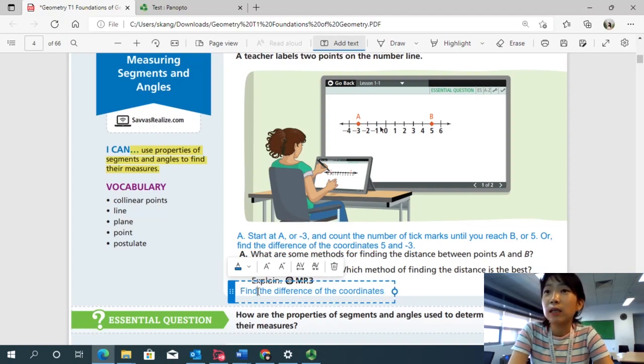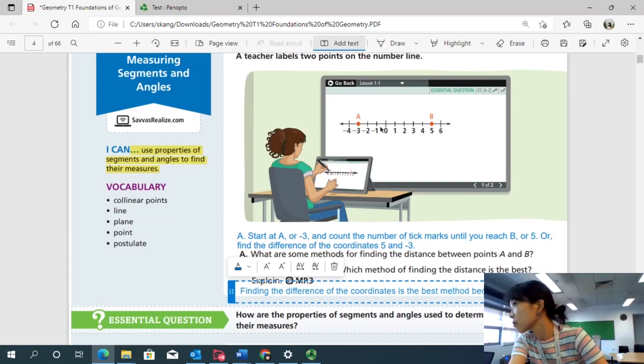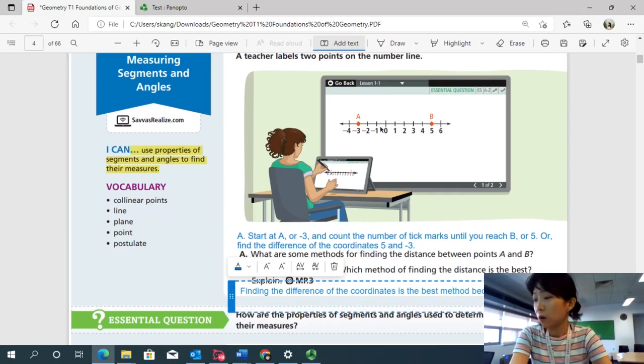And let's say finding the difference of the coordinates is the best method because it will always work, no matter what kind of coordinates you are working with. Work, let's say, accurately. Okay.